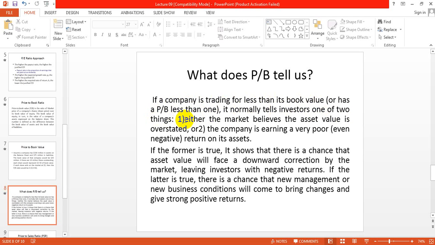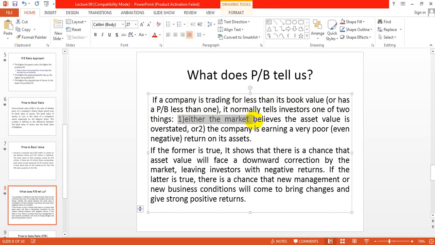The first thing, listen again: either the market believes the asset value is overstated, that the company is showing the assets high as compared to the actual value, or the company is earning a very poor return on its assets, or the performance of the company is not good.